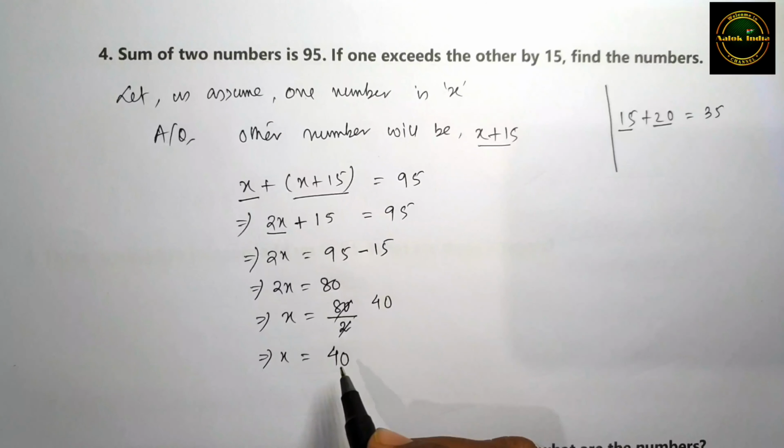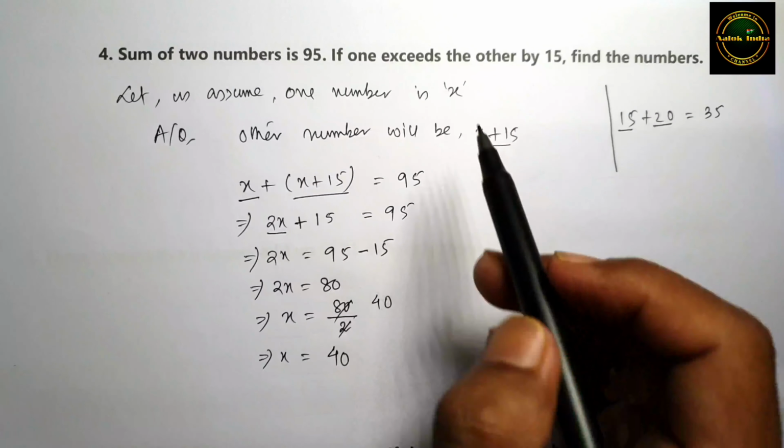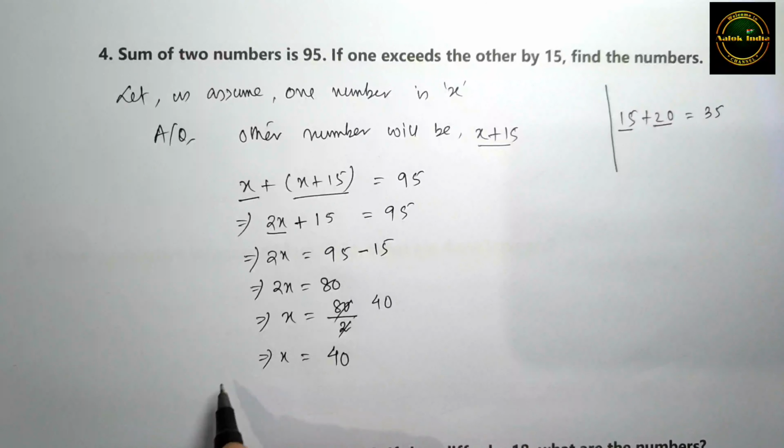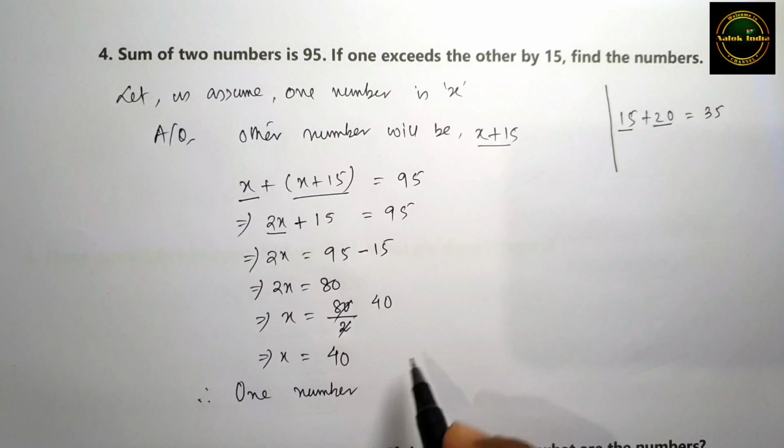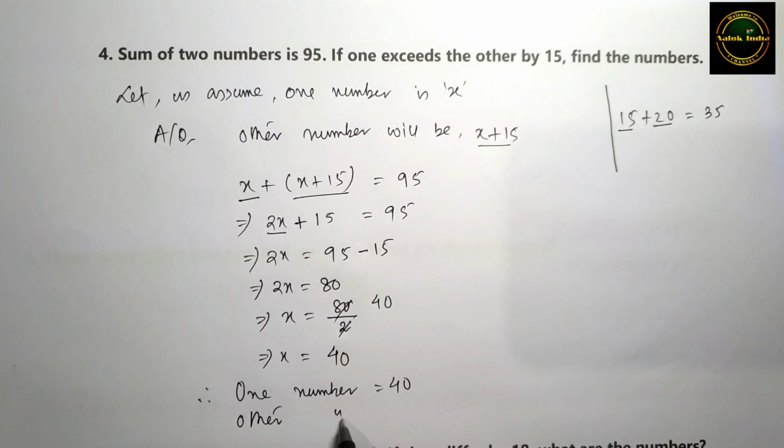Therefore x is 40. So ultimately one number is 40 and the other number will be x plus 15, that is 40 plus 15, which is 55. So this is our answer.